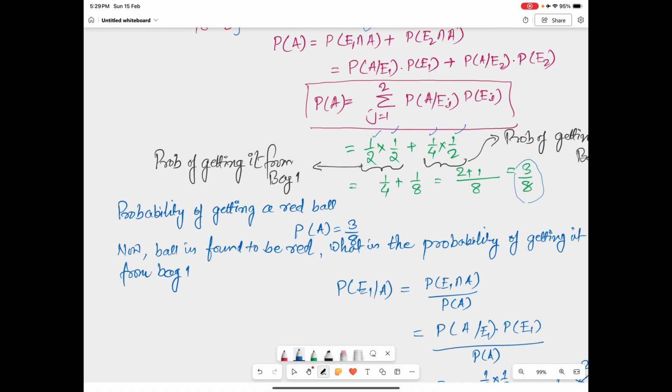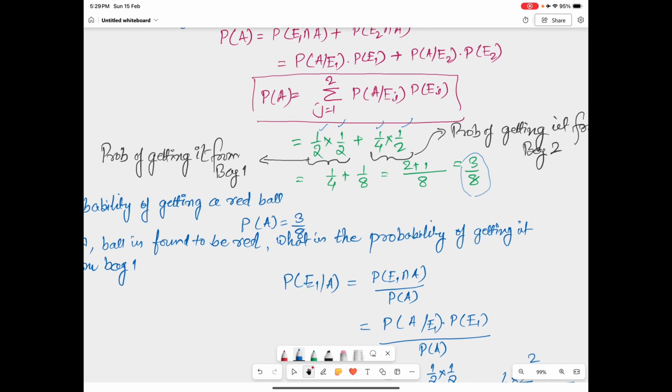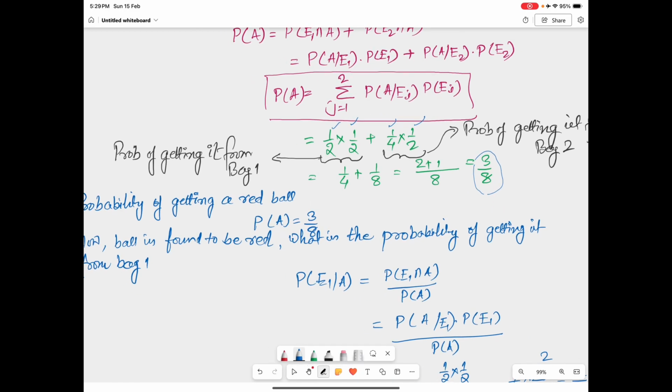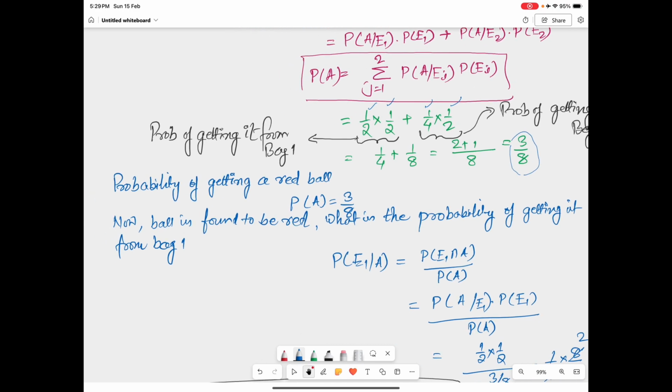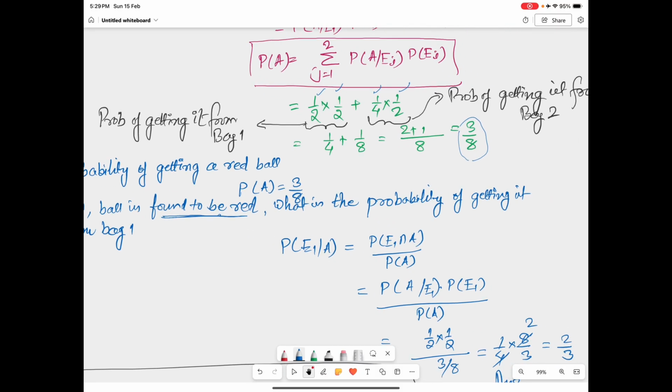I have separately written the probability of getting it from bag 1 and from bag 2. Now the probability of getting a red ball is 3/8. Now the ball is found to be red. What is the probability of getting it from bag 1? We already know that we have received the red ball.